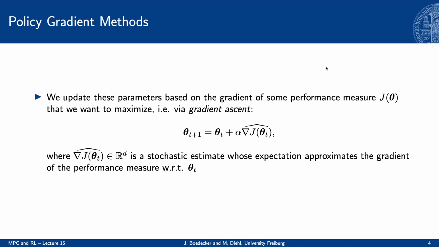So we want to go uphill, gradient ascent, in order to get to better values of the performance measure J as we change our parameters theta for the policy. This nabla J of theta t hat is usually a stochastic estimate of the expectation. If you were to take the real expectation, you would get the gradient of the performance measure with respect to theta, but usually that can't be computed.